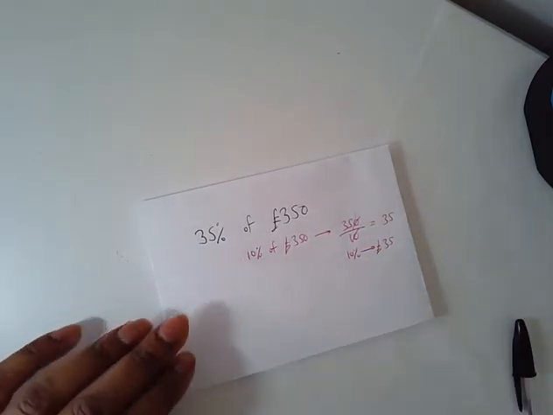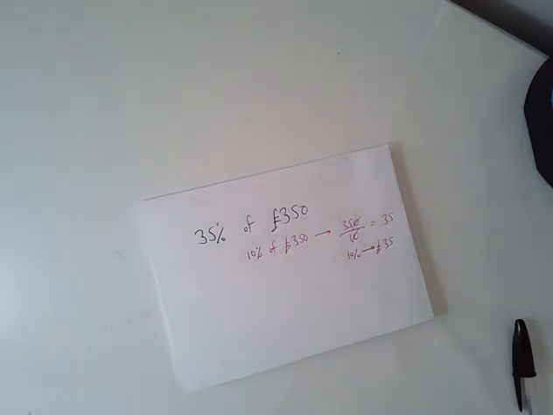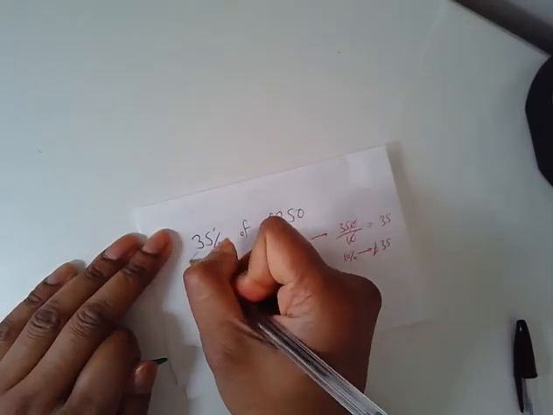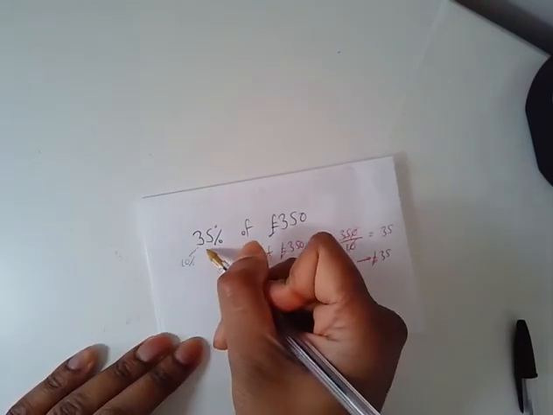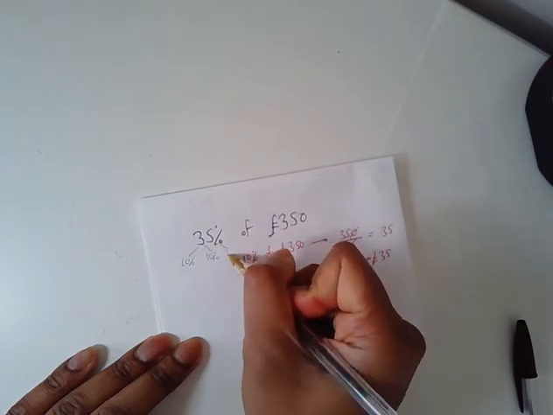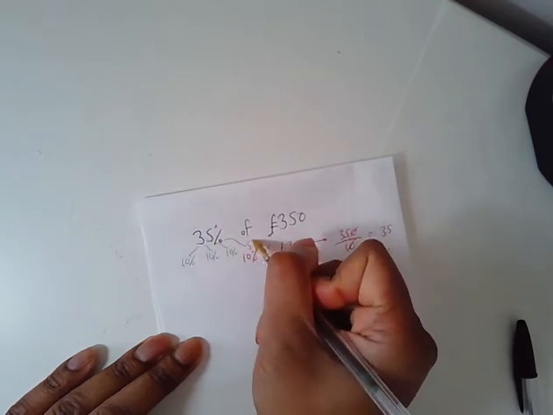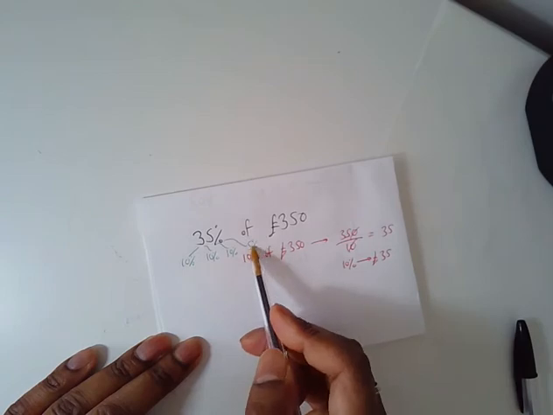Now let's look back at the question. We have 35%. 10%, 10%, that's 30%, another 5%, there you go: 10, 20, 30, 35%.